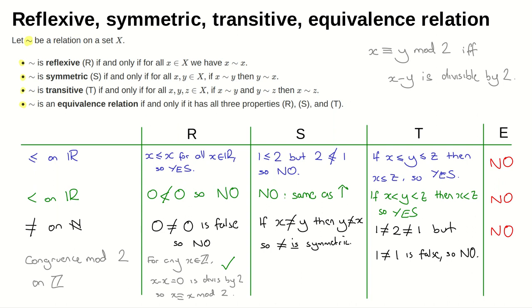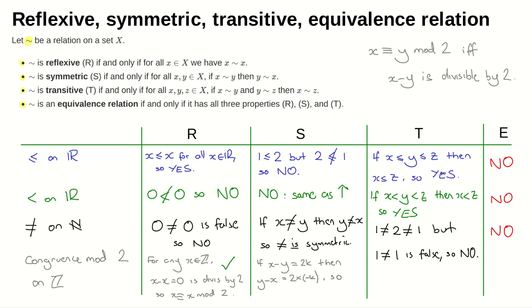Okay, next, is it symmetric? Again, the answer is yes. And the reason for that is if x is related to y under this relation, well then x minus y is a multiple of 2. So let's say 2 times k, where k is an integer. Well, in that case, y minus x is 2 times minus k.